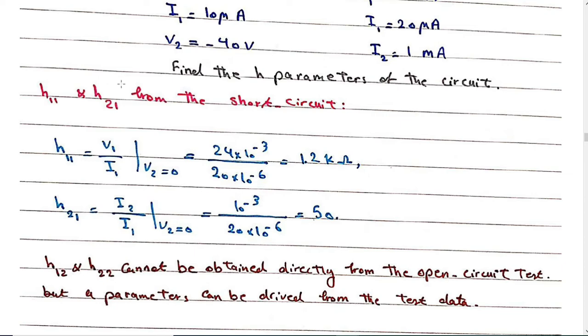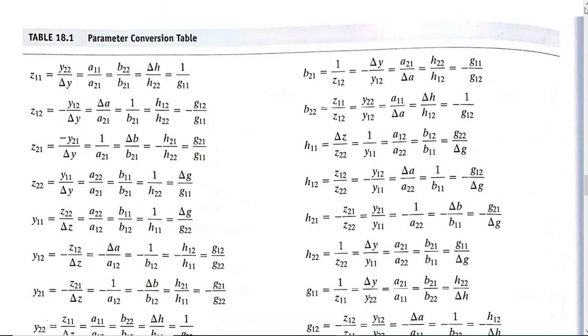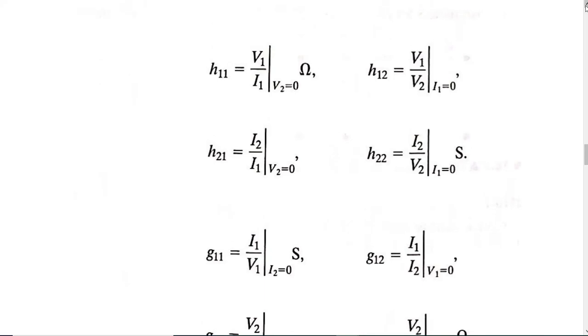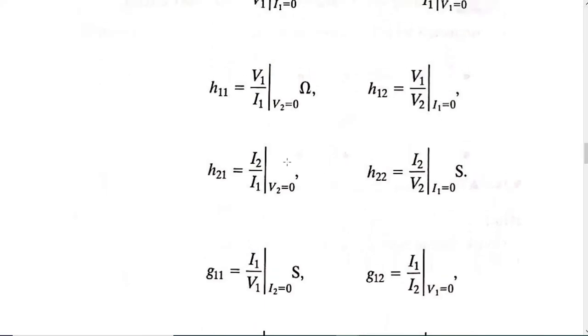So to find the H parameters, use this formula sheet. You have 4 equations for H parameters. Okay, so H11 is V1 divided by I1 when V2 is 0.